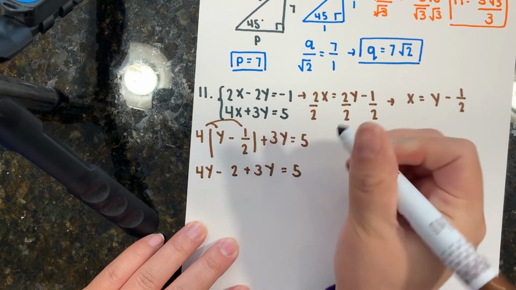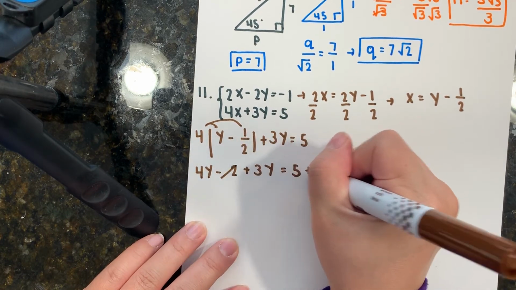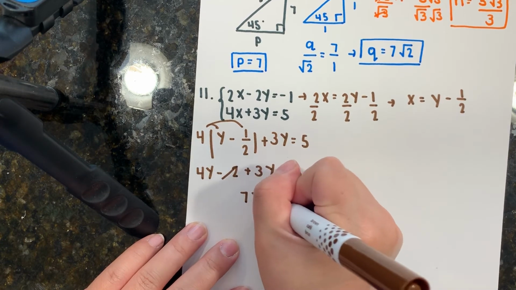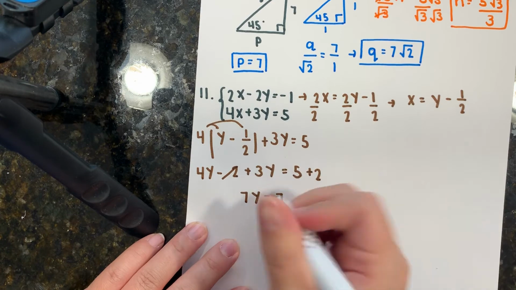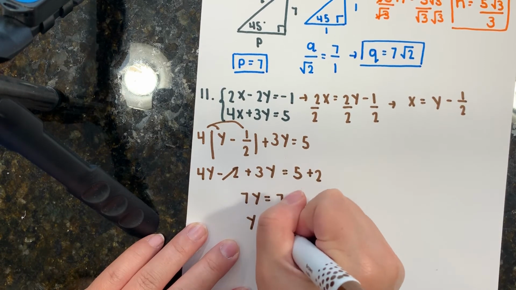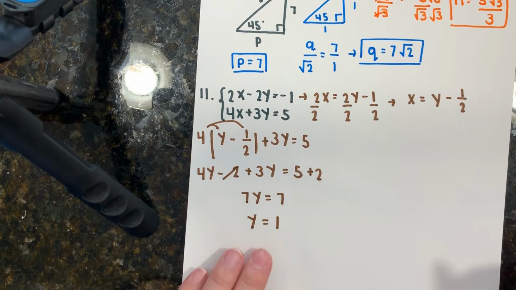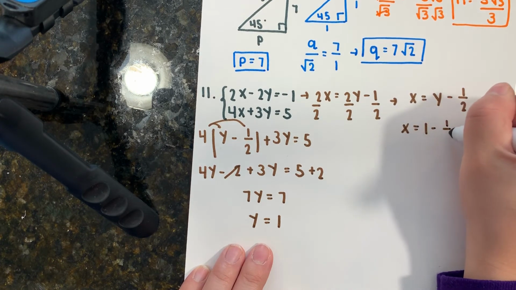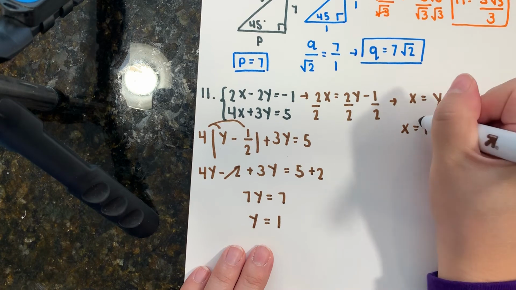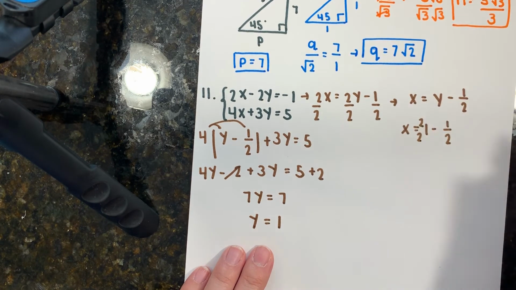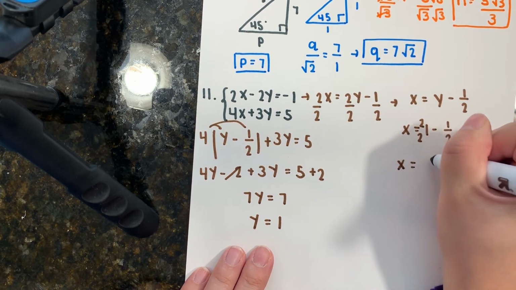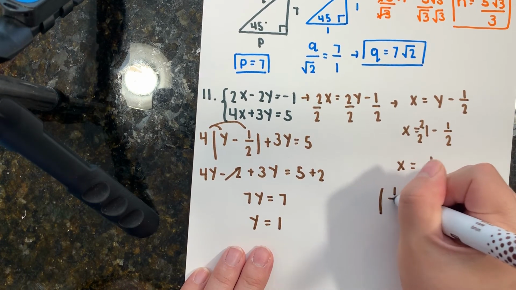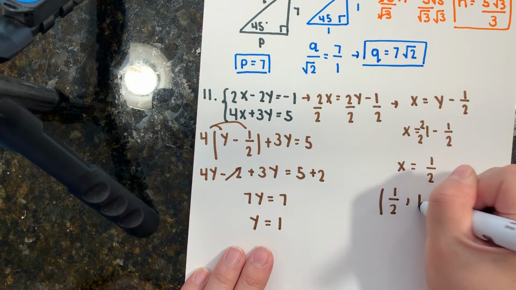I'm going to move the 2 to the other side. 4y plus 3y is 7y, and 5 plus 2 is 7, which means that y is going to be equal to 1. Now if I plug that back in, up here I have x is equal to 1 minus 1/2. Make a common denominator, so 2 over 2 minus 1 over 2 means that x is going to be equal to 1/2. So when you write your answer, if x is 1/2, your y is going to be 1.